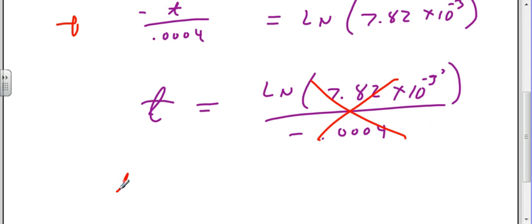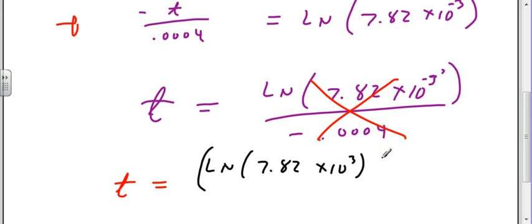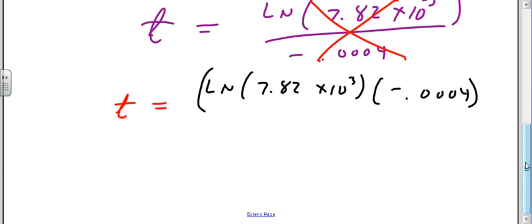All right, so T is equal to natural log 7.82 times 10 to the minus 3 times minus 0.0004. Okay, well, we can recuperate that in our calculator.